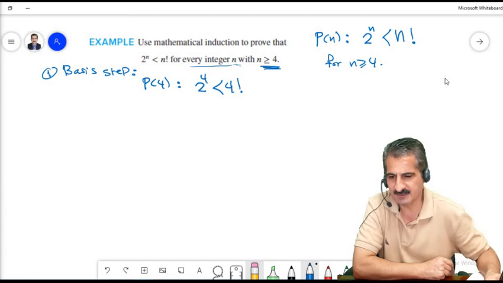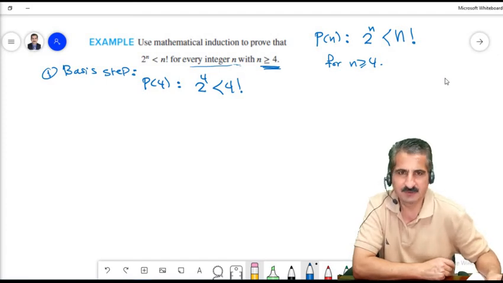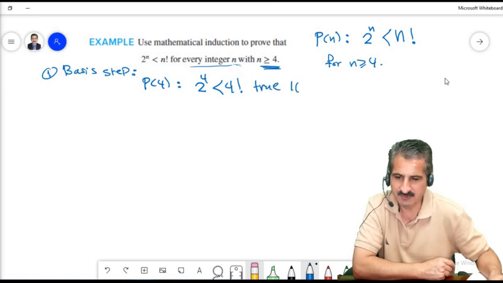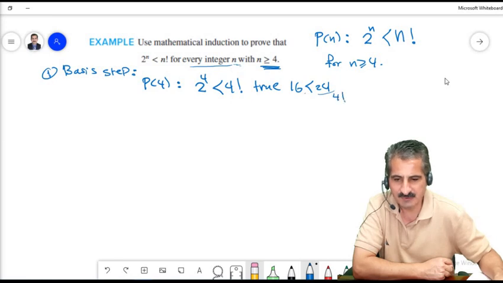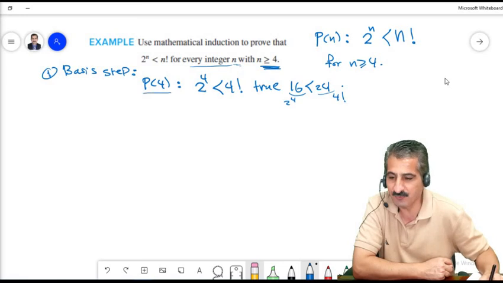Is that true? Computing, this is 16. True, because 16 is less than 4 factorial, which is 24, right? Now this is 4 factorial, and this is 2 to power 4. So P of 4 is true. This is the basis step.